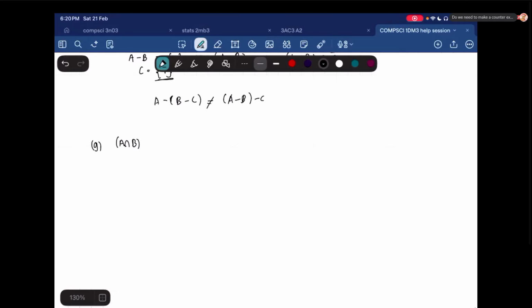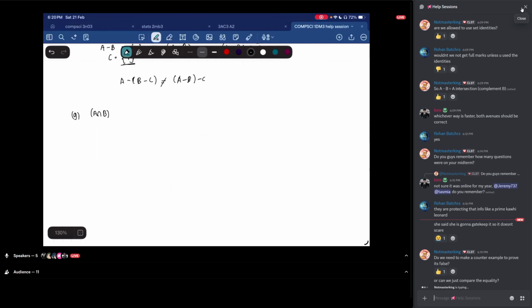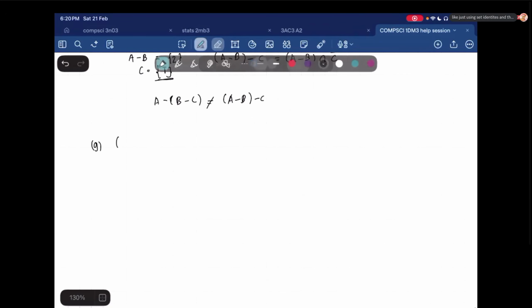Oh, like the set inclusion thing. Okay, yeah, you can do that too.